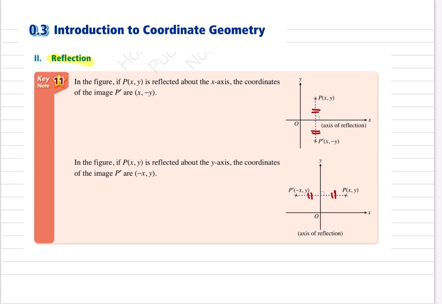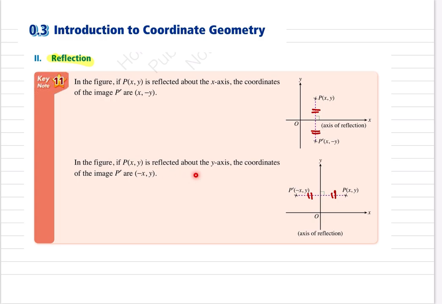Reflecting will put it downward below the x-axis, and the distances to the axis are the same. So originally the y coordinate is y, that means this length is y. Then when reflecting about the x-axis, this distance is also y, but it is below the x-axis, that's why the y coordinate is minus y.